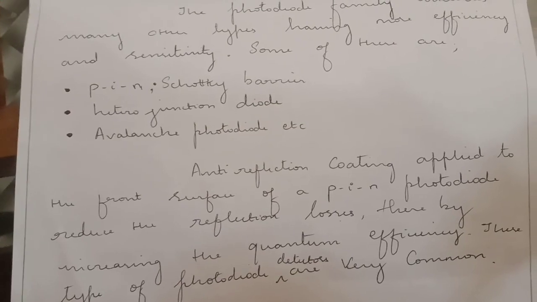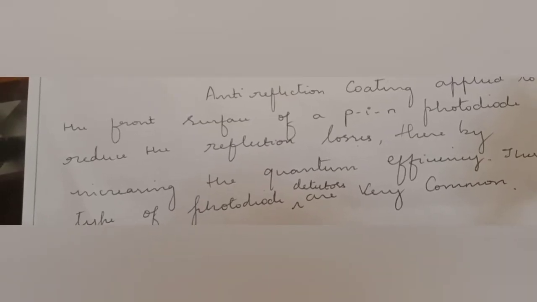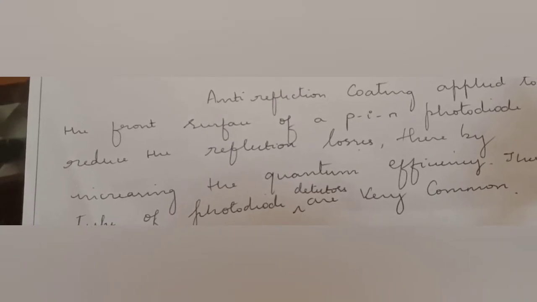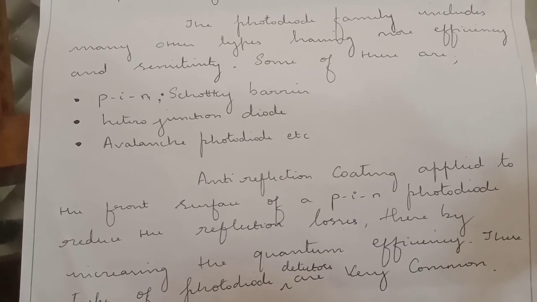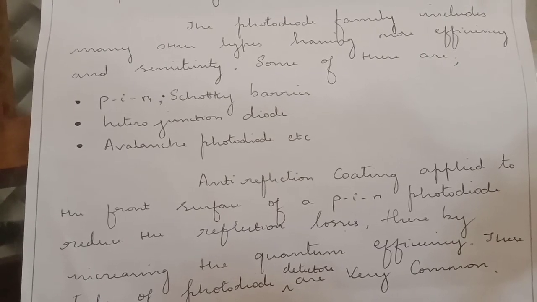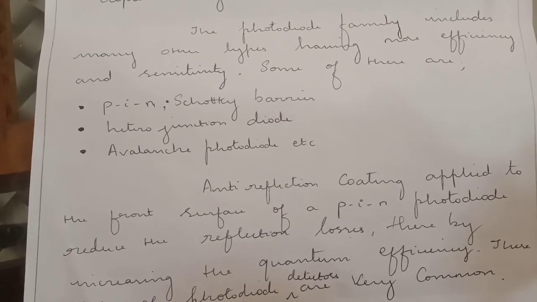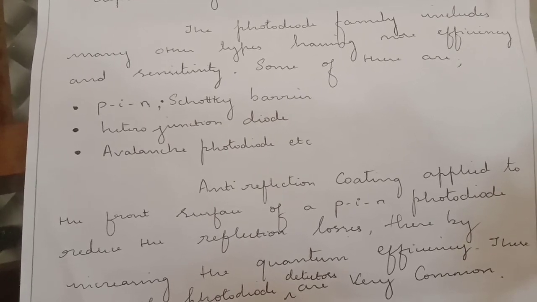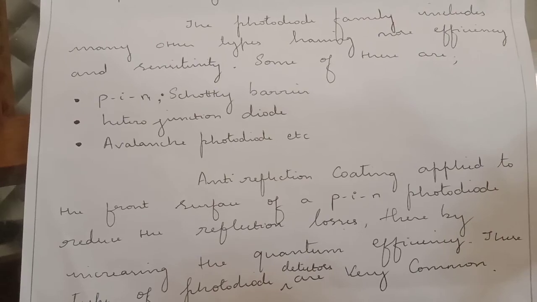In a PIN photodiode, an anti-reflection coating is applied on the front surface to reduce the reflection losses, and hence it increases the quantum efficiency. This photodiode is used everywhere, and it is a common photodiode detector.